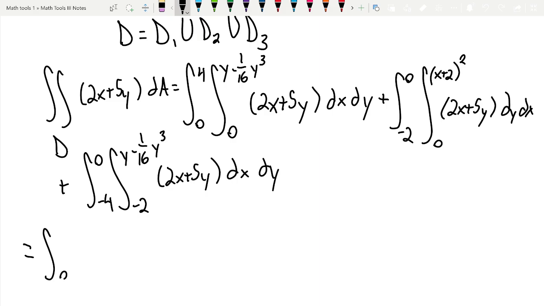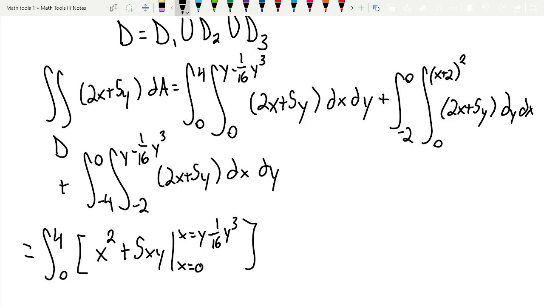So that first one, we got 0 to 4 of x squared plus 5xy, and we're going from x equals 0 to x equals y minus 1/16 y cubed. And maybe it's helpful to give these names and do them one at a time. Okay, so let's call that one 1, that one 2, this one 3.